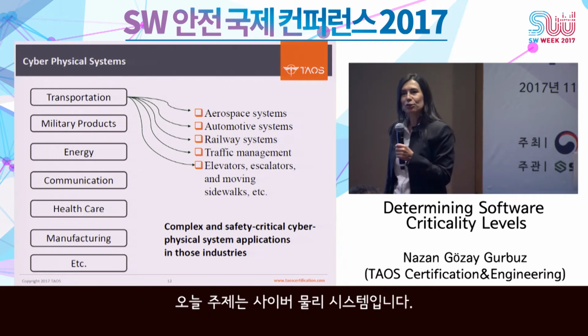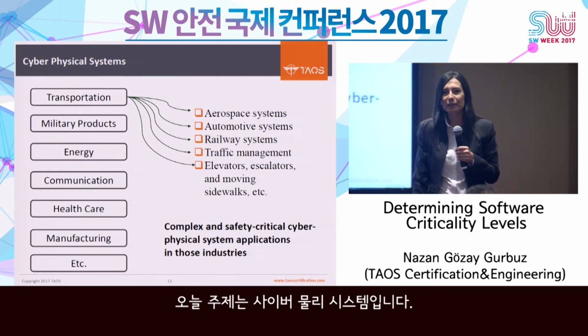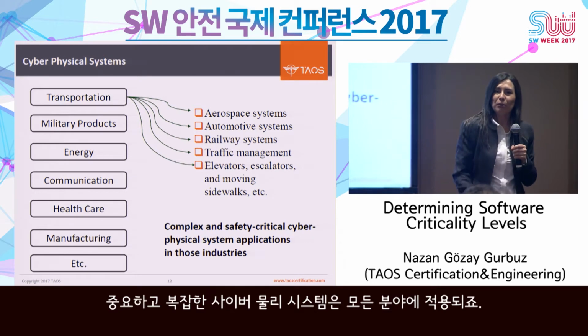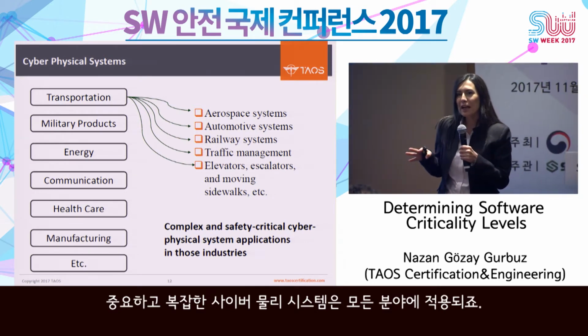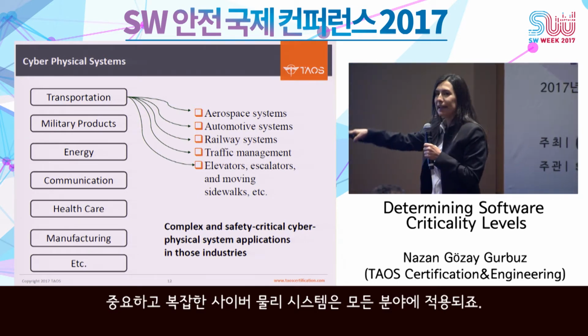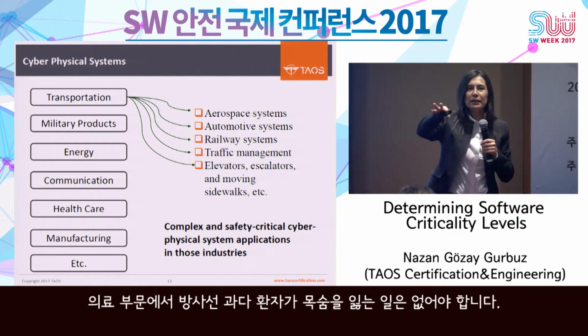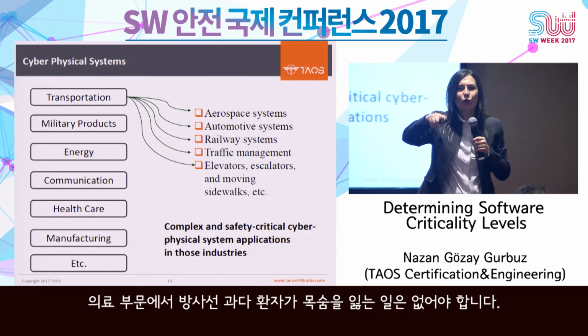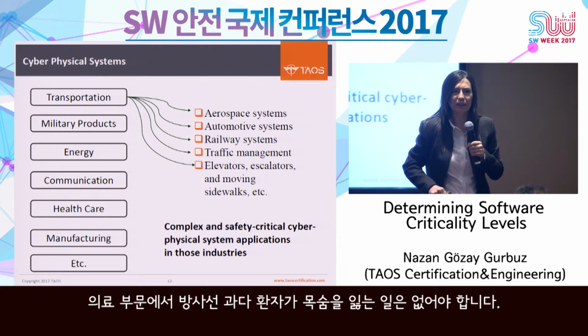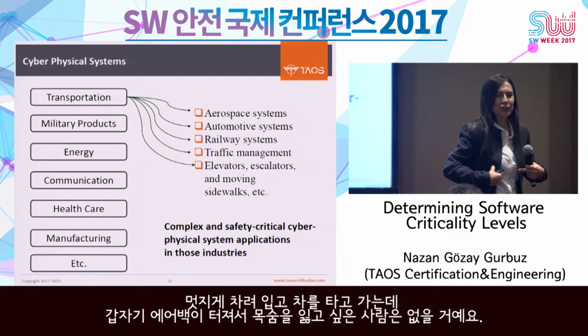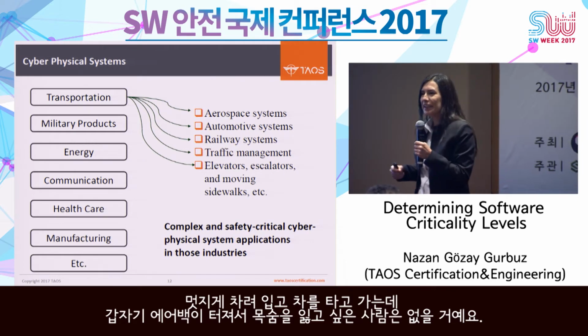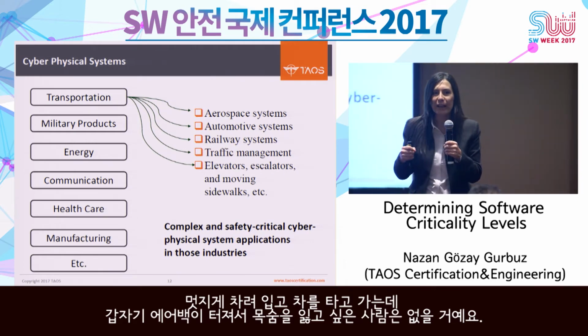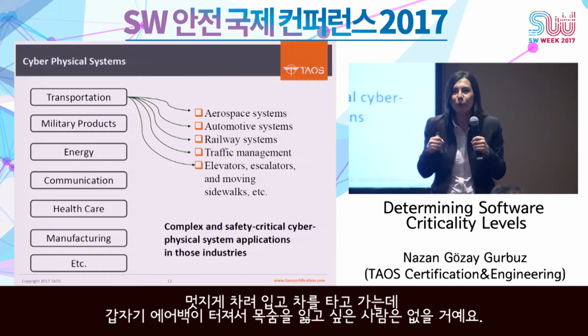Now, today's topic is cyber-physical systems. Critical cyber-physical systems and complex cyber-physical systems in any industry. For a medical device, we don't want to kill a patient because of an overdose of radiation, right? We don't want, when we are just nicely dressed and singing in our car, an airbag inadvertently deployed, right?